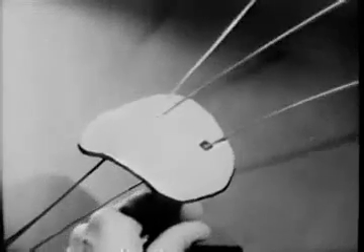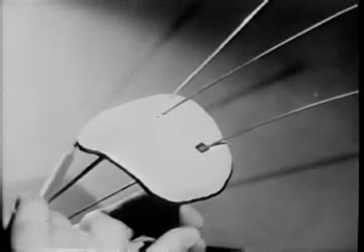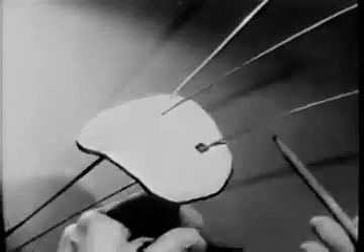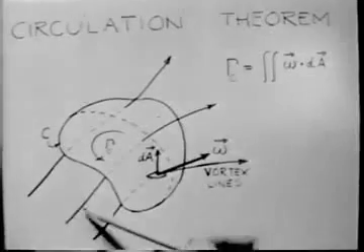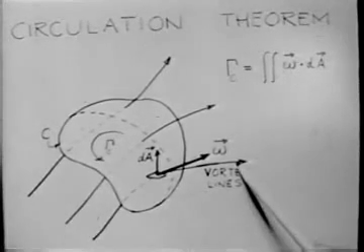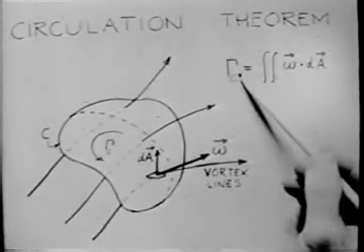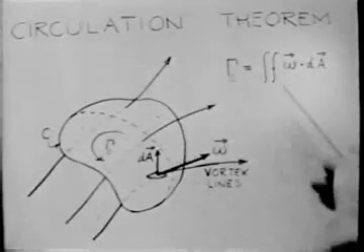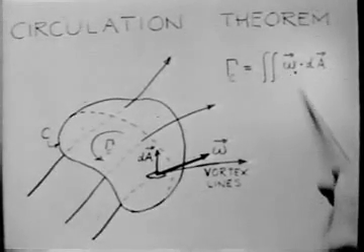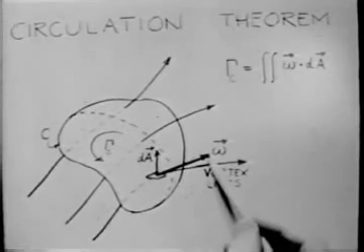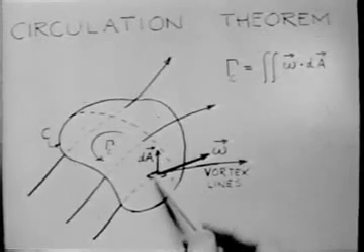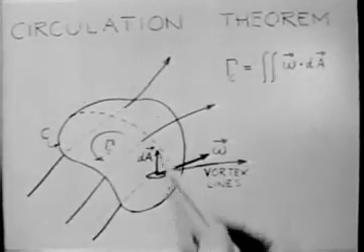Now the circulation theorem relates the circulation around any closed curve C to the vorticity passing through any area bounded by C. Specifically, the circulation gamma around C is equal to the flux of the vorticity vector omega through the area bounded by C. So if there is a definite circulation around some curve, then the enclosed fluid must have vorticity.